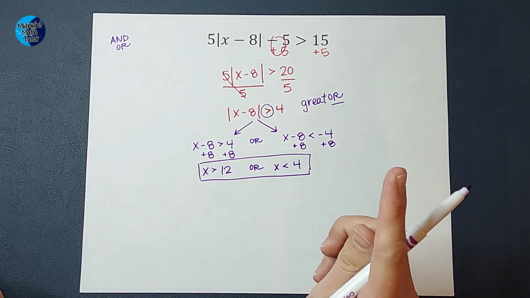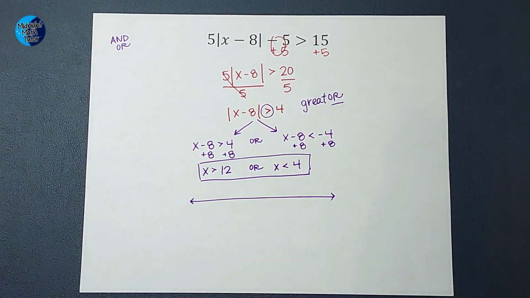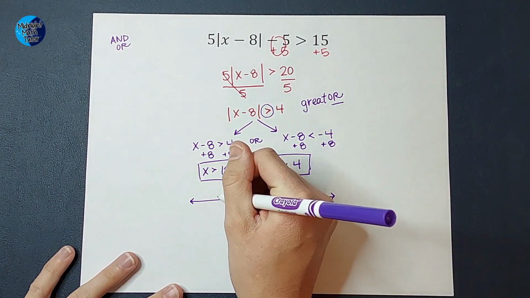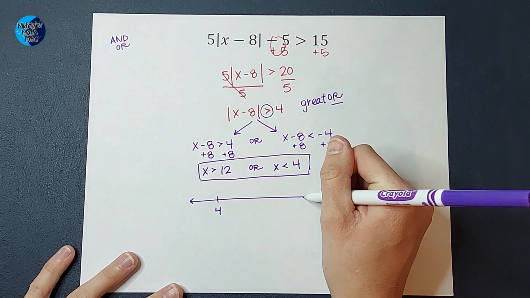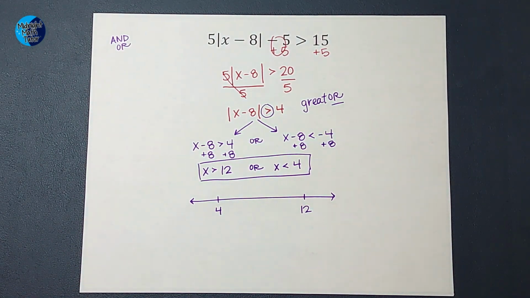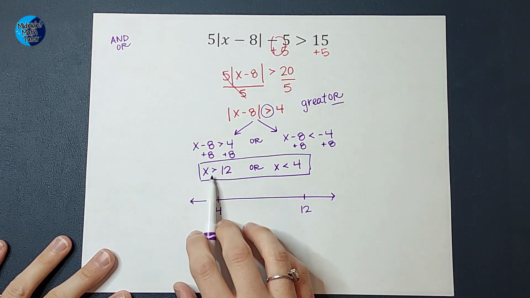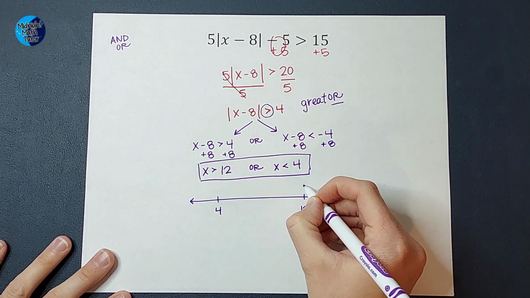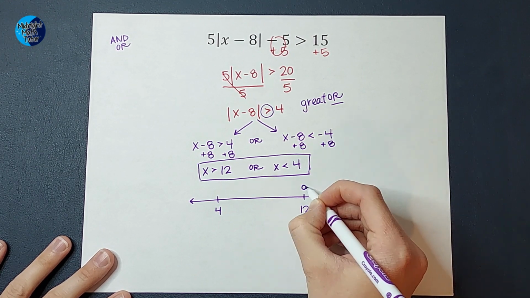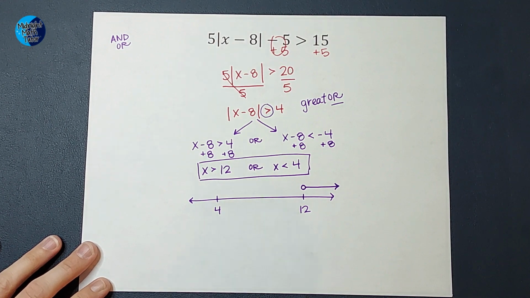Now, inequalities and number lines love each other. They're like best friends. So we're going to look at this on a number line really fast to help us kind of understand what this looks like. And then we're going to write it in interval notation, okay? So if I were to graph this on my number line, I would say x is greater than 12, which means I use an open circle at 12, and it's any number greater than, so any number that way, right?